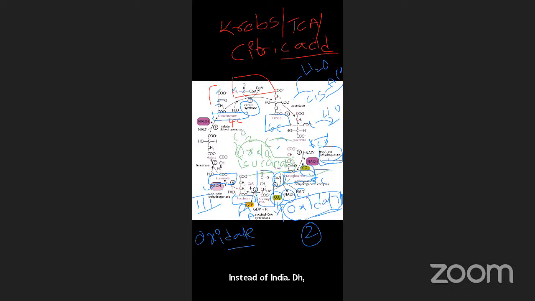After formation of fumarate, fumaric acid, with the help of fumarase enzyme, malic acid or malate is formed. In this reaction, a water molecule is added, as a result forming malate. After formation of malate, the fourth oxidation takes place.